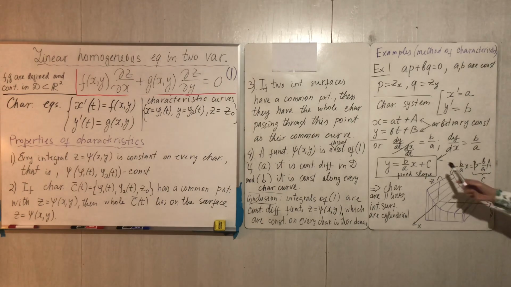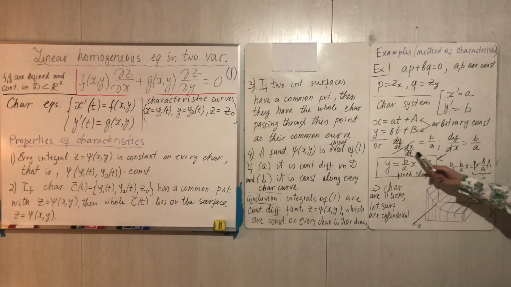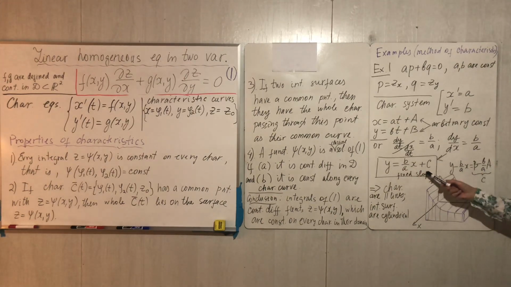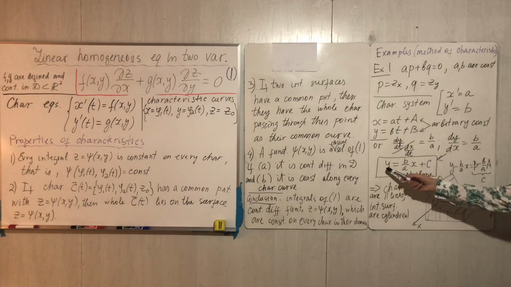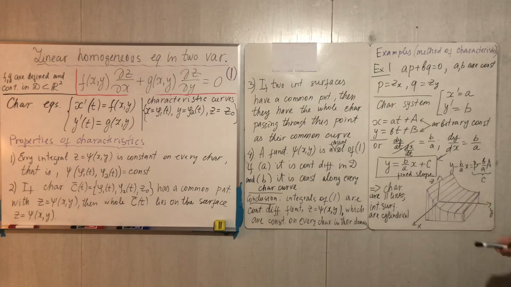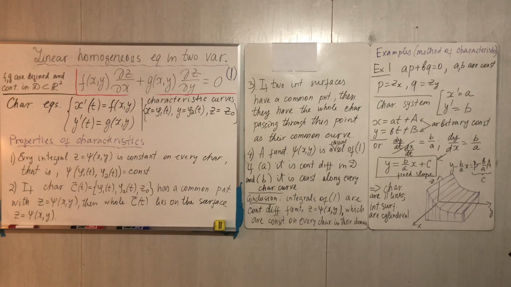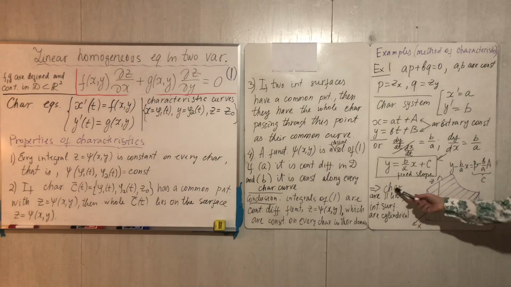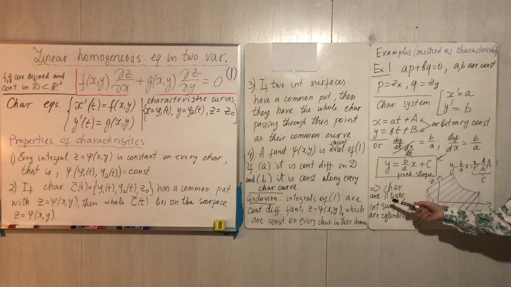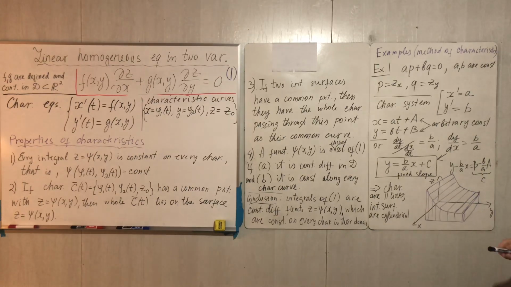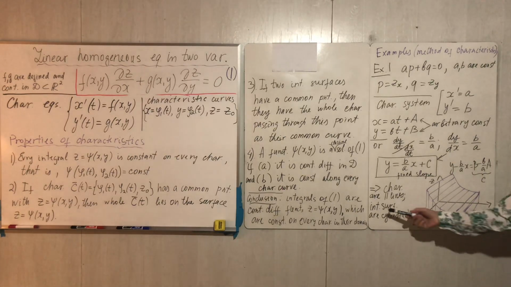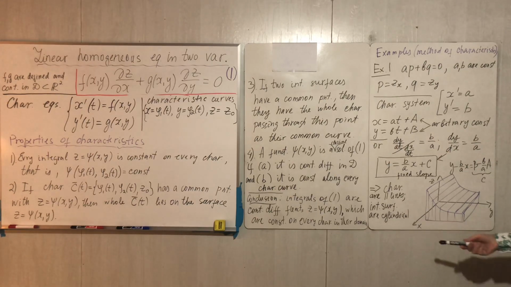And you can see here that if we change our constant c, the slope of our line will be constant, since this is the equation of a line. So characteristics are parallel lines. And so what will be integral surfaces?